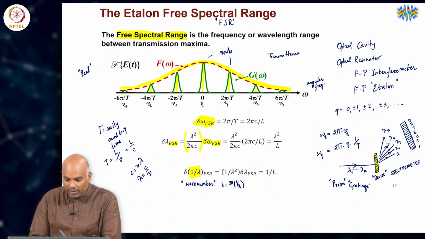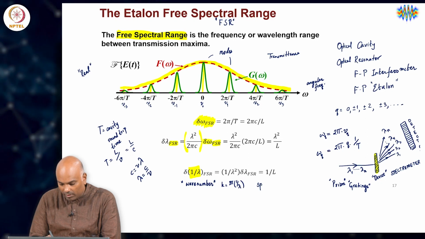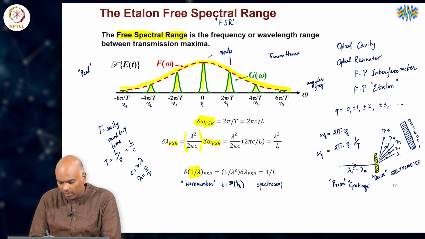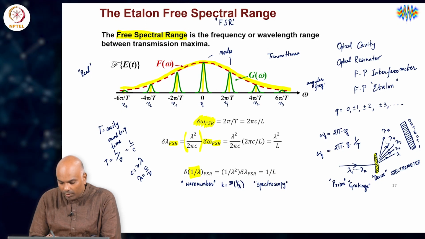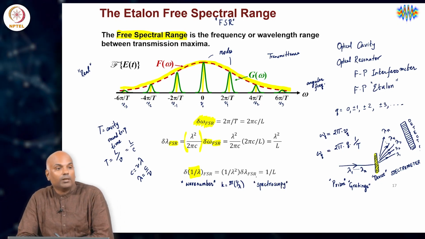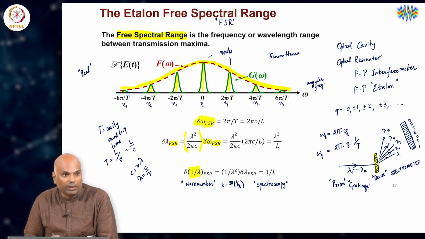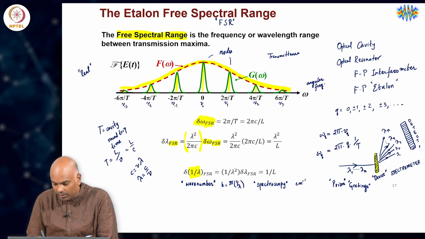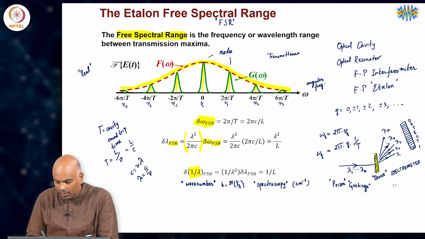So, wave number is a favorite of spectroscopists, a very popular unit of describing frequency in spectroscopy, often in infrared spectroscopy in units of centimeter inverse.